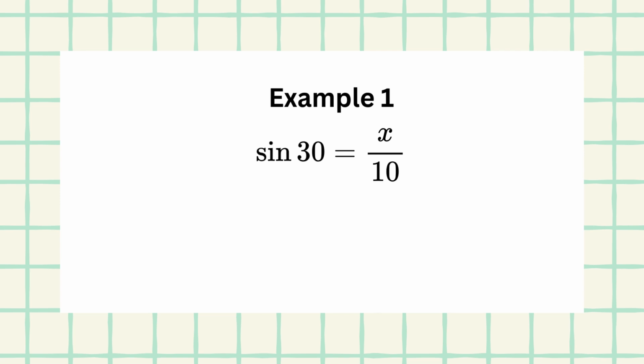Now what can we see? It's an equation, and from knowledge in using equations, the denominator you need to multiply with the answer to find x. Therefore, we times 10 with sine 30 and our answer is 5. To work out the sine, cosine, and tangent values for the given angles, you will need to use a calculator.